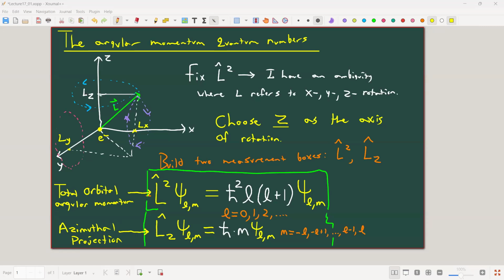The axes are all the same, with really no preference. I just know information about one of them, so there's some ambiguity. And that ambiguity arises in the fact that for a given angular momentum L, you have 2L plus 1 stable orbits, which are the different orbitals, like p orbitals or d orbitals.